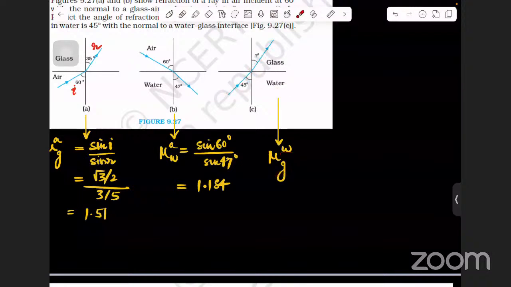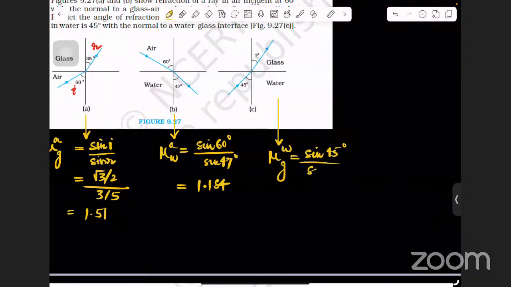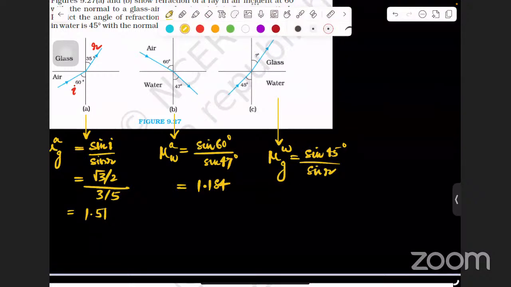We write the refractive index of the substance into which the refracted ray goes with respect to the medium in which the incident ray is there. So the refractive index of glass with respect to water is sine 45 degree upon sine R. Let's say this thing is R.